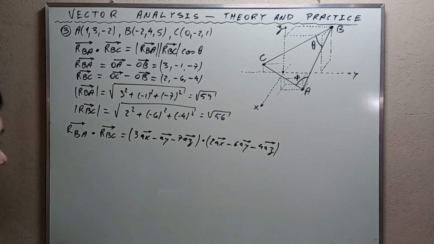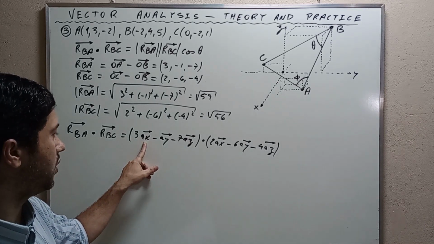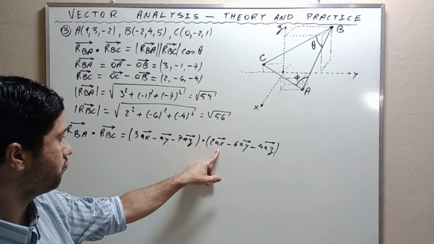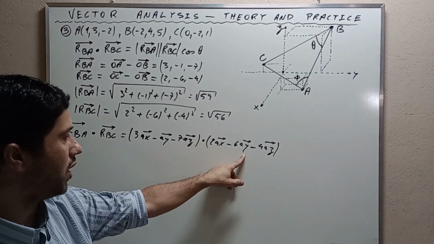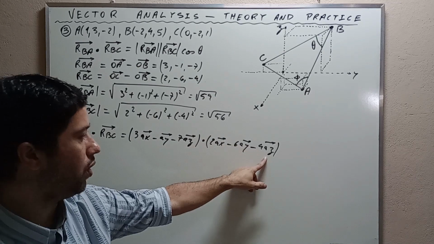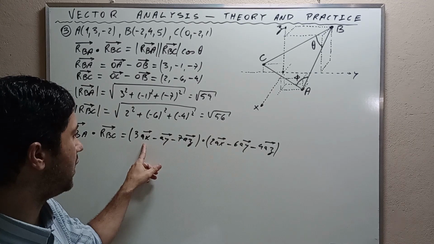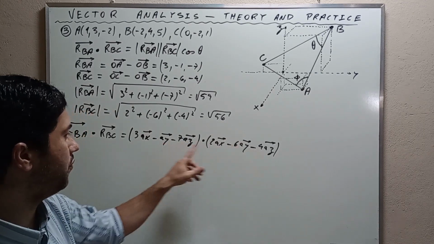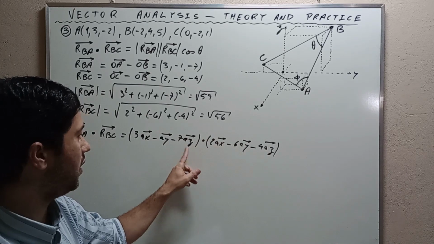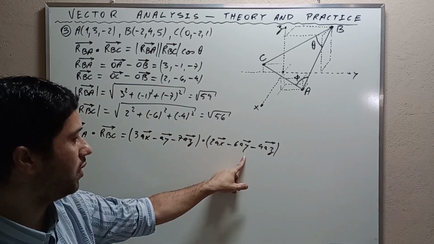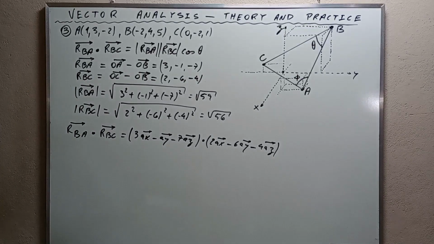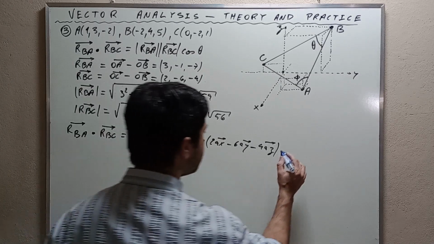Okay? We compute this dot product. Remember that the dot product between ax and ax is 1, ay with ay is 1, and az with az is 1. However, ax with ay and ax with az, ay with ax, ay with az, and az with ax and az with ay is 0. Okay? Remembering this, we find 40.